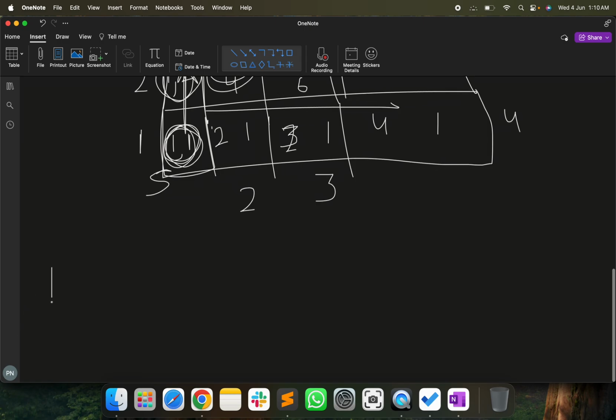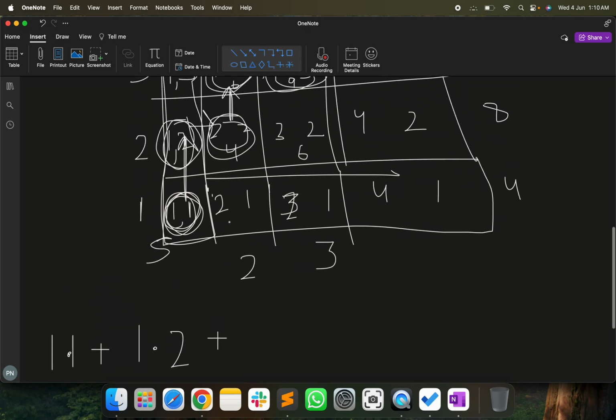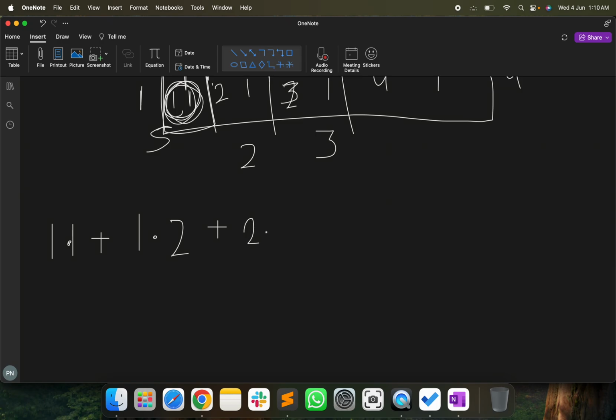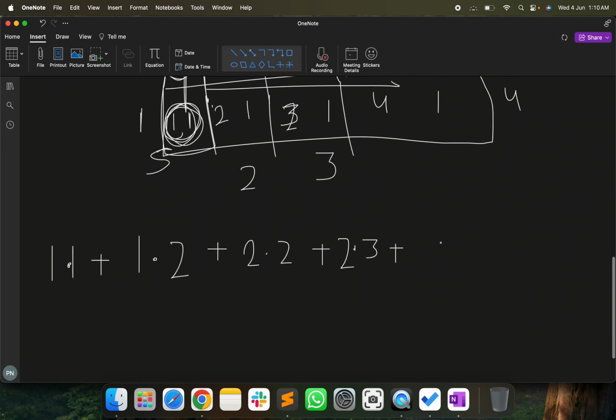So we have 1 into 1 plus 1 into 2 plus 2 into 2, plus 2 into 3, plus 3 into 3, plus 3 into 4 plus 4 into 4. Okay, what can we see here? Do you guys see a pattern here? Like we are going in a zigzag way.